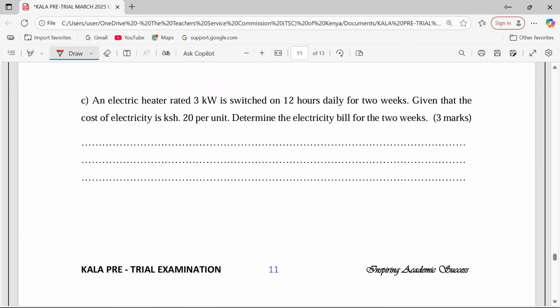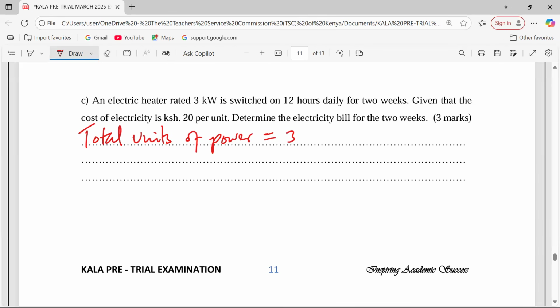An electric heater rated 3 kilowatts is switched on 12 hours daily for 2 weeks. Given that the cost of electricity is 20 Kenya shillings per unit, determine the electricity bill for the 2 weeks. Let's get the units first. Total units of power consumption, which are supposed to be in kilowatt hours.